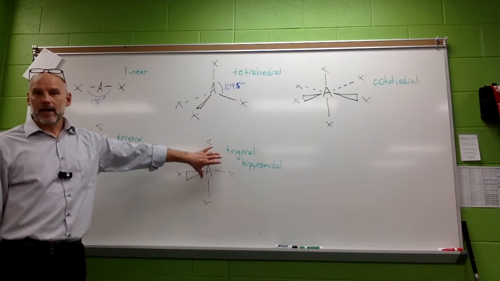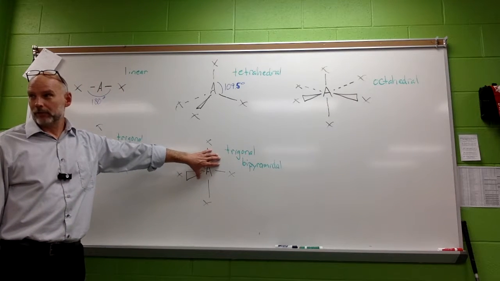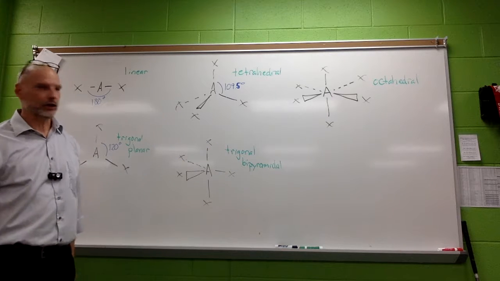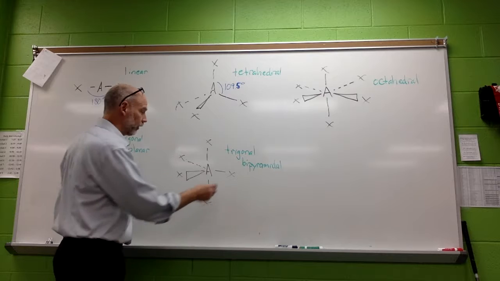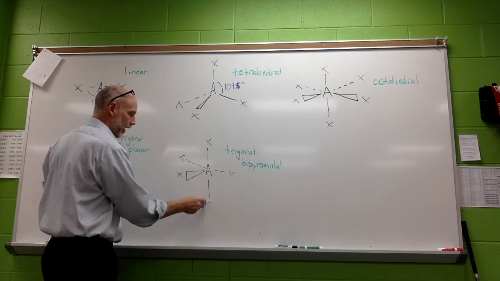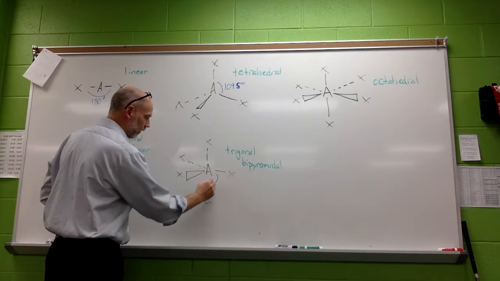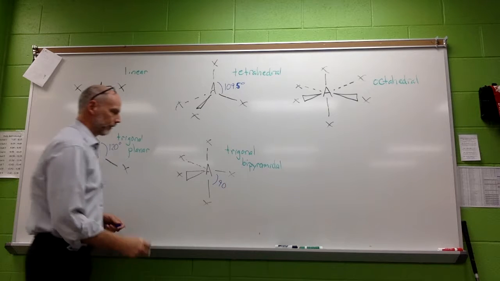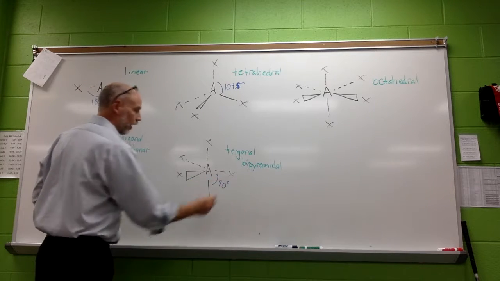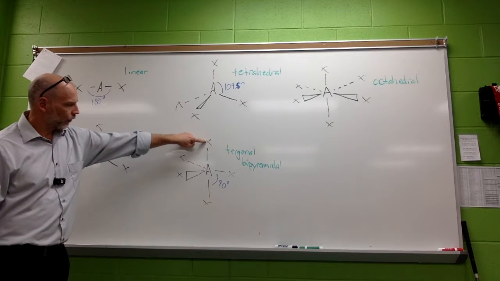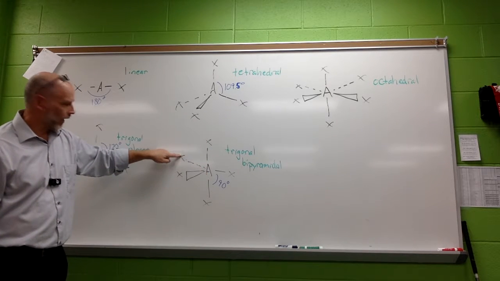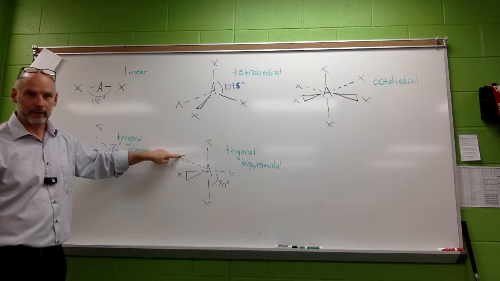Now, I'm going to guess that most of you are going to be able to figure these out. So I'm going to ask a question. I'll do the easy one first. X-A-X. So this bond angle here is 90. X-A-X. Still 90.